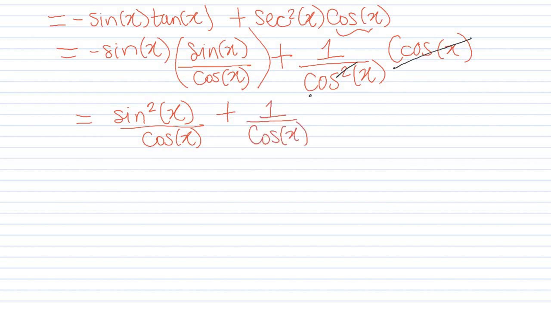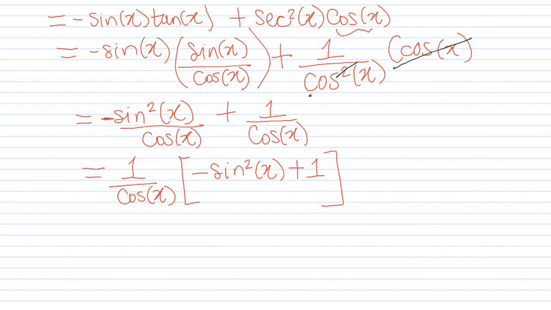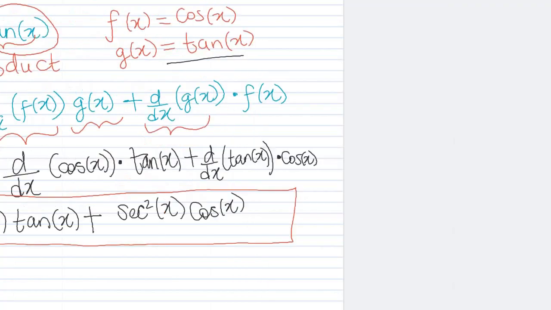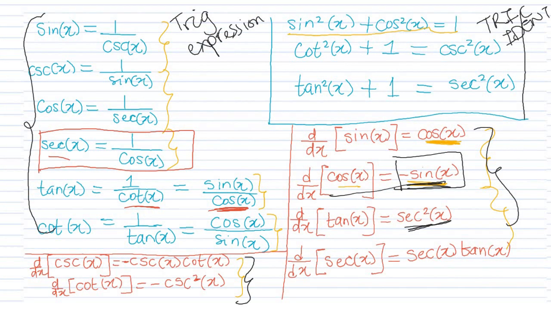So now we can easily bring out 1 over cosine of x, and when we factor that out, let's not forget that we're going to end up with negative sine square x plus 1. So you might be wondering, we've broken it down, we've canceled stuff out, we factored stuff. This is supposed to be the answer at this point, but no, we can still play with the trig identities and the trig expression. Basically, we can go back to the trig notes to see what else we can do.